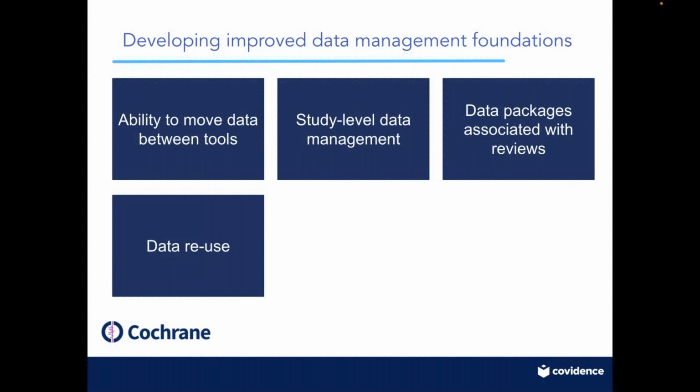So, for example, you might be an author who wants to reuse study data across different reviews, or you might be an author who wants to do additional statistical analyses in different statistical software such as Stata or R. And this data package will facilitate that.